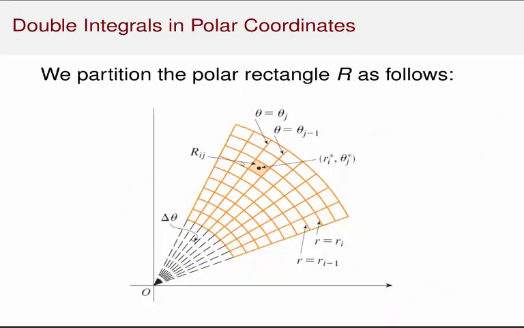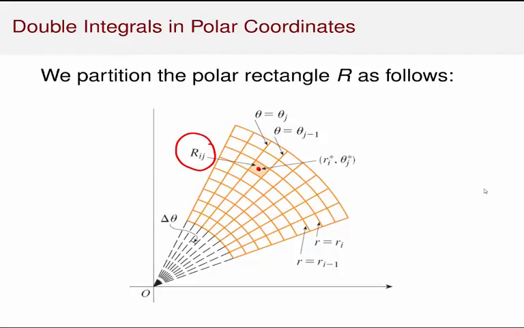Alright, let us denote a subregion of this partition by Rij. Here the index i comes from the variable r and the index j comes from the variable theta. And let us suppose we have a sample point from this subregion denoted by ri star and theta j star.